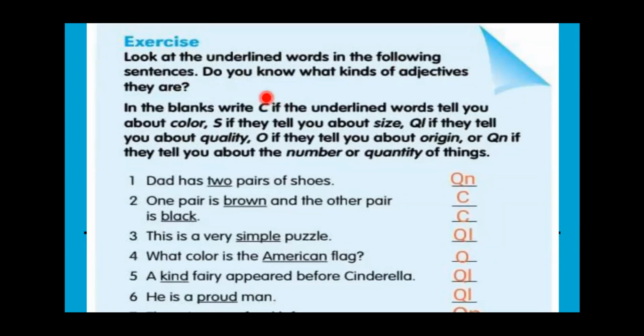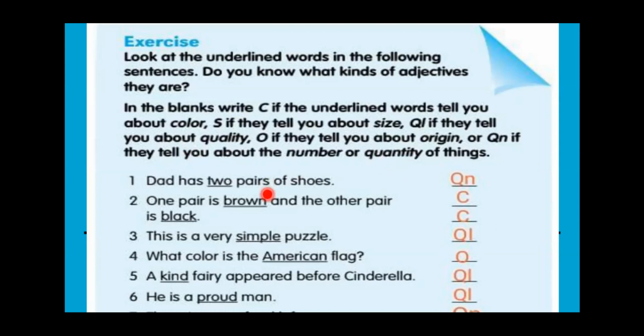In the blanks, write C if the underlined words tell you about color, S if they tell you about size, QL if they tell you about quality, O if they tell you about origin, or QN if they tell you about the number or quantity of things.